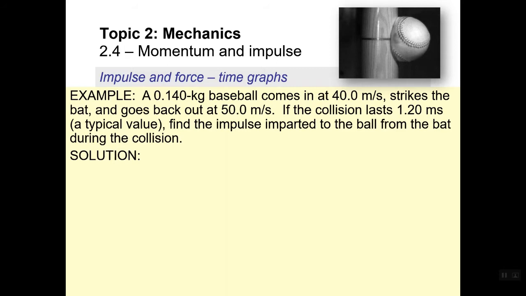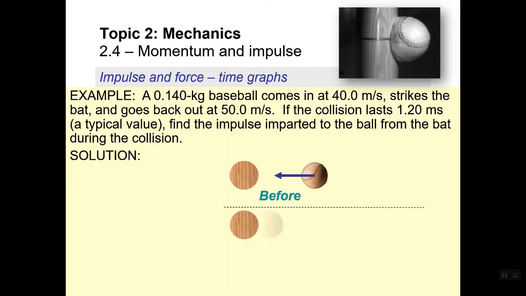Let us choose to the right as positive. Initially, the baseball is traveling to the left, so velocity should be negative. After the collision, the baseball is traveling to the right, so the velocity is positive.